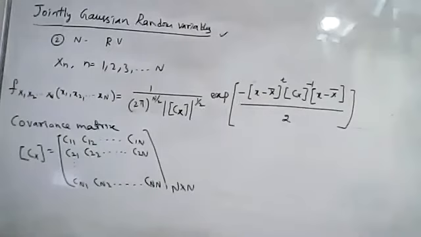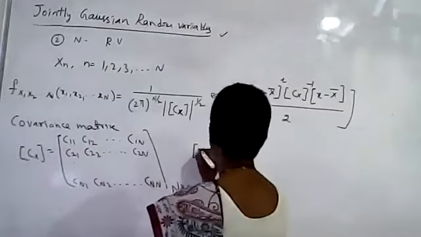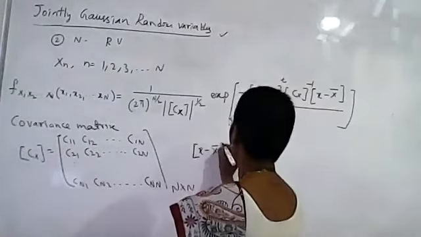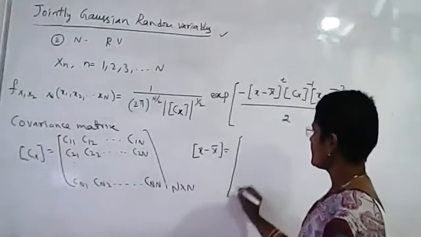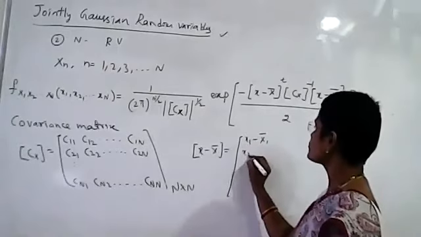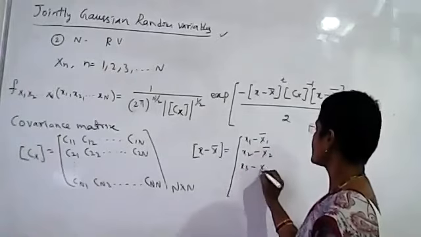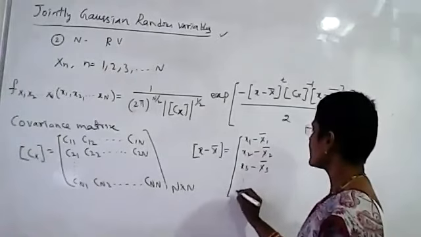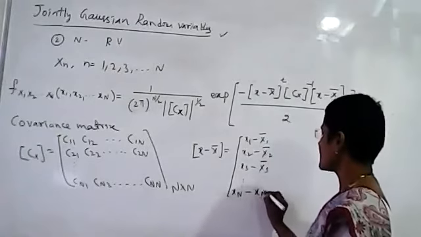Similarly, x minus x bar is also a matrix. It is given like this: x1 minus x1 bar, x2 minus x2 bar, x3 minus x3 bar, and so on. How many random variables do we have? Xn minus xn bar.